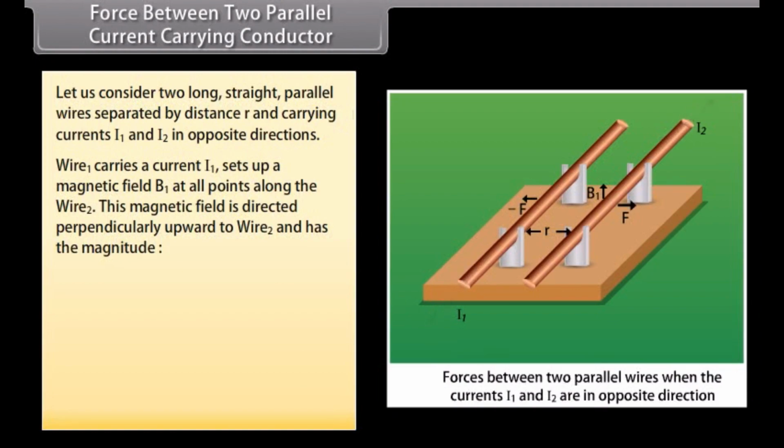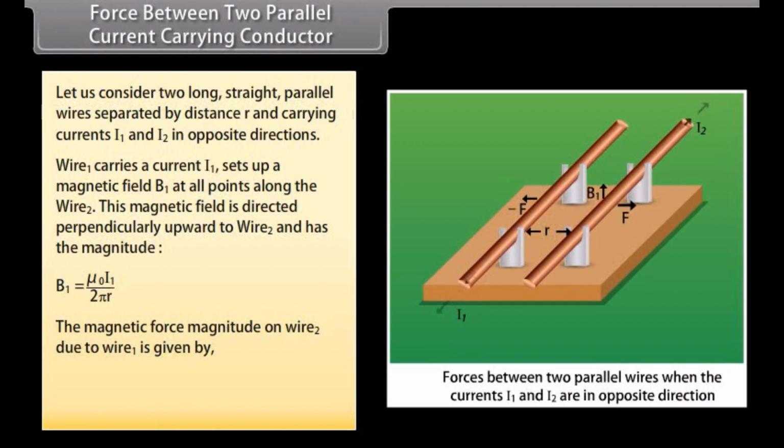This magnetic field is directed perpendicularly upward to wire 2 and has magnitude equal to mu naught I1 divided by 2 pi r. The magnetic force magnitude on wire 2 due to wire 1 is given by mu naught I1 I2 L divided by 2 pi r.